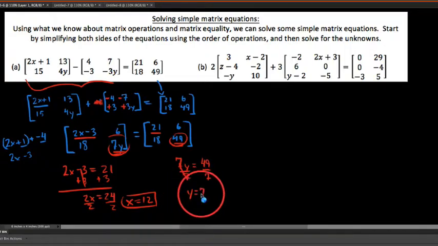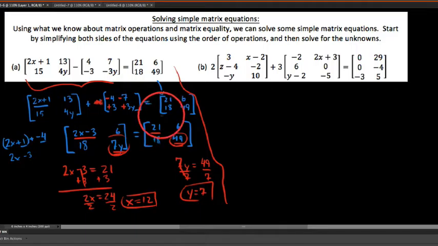Looking at these two values, one thing I want to point out about matrix equations is that they should satisfy the equation. So when I plug these back in, if I take 12 and put it in for x in the top left entry, I'd get 2 times 12 plus 1, which is 24 plus 1, which is 25. Then 25 minus the 4 that you see here should give 21.